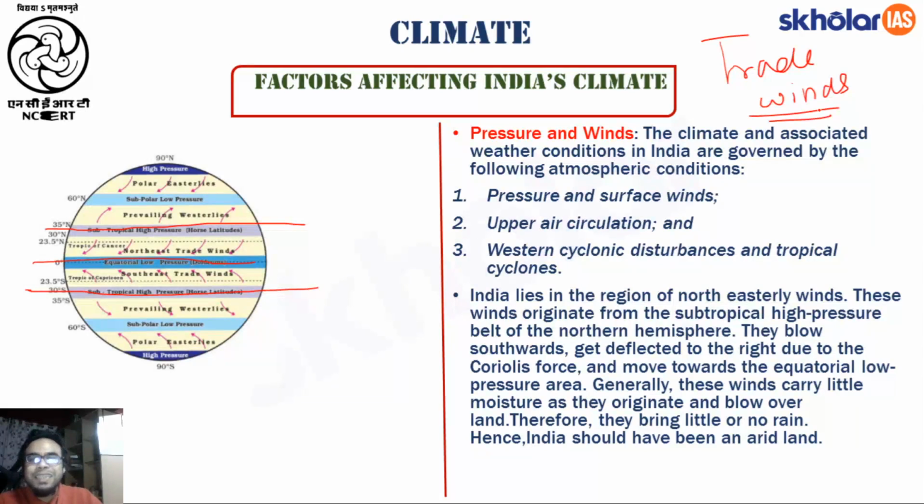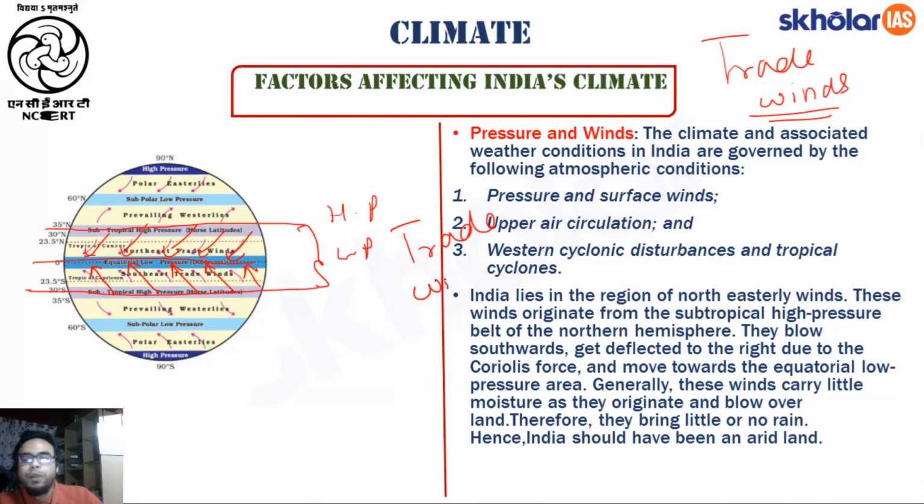And how does it blow? As it blows from high pressure to low pressure in the northern hemisphere, it will get deflected to the right and blow in this direction, meaning it has now been deflected. And in the southern hemisphere, the deflection will be towards the left, right? Understood?